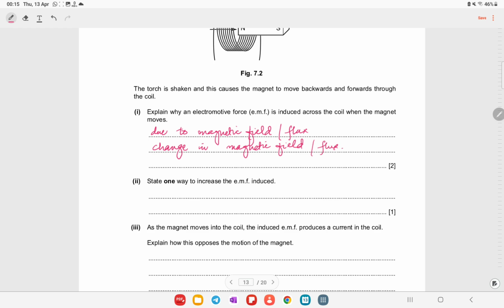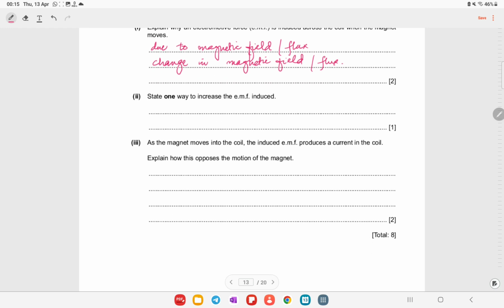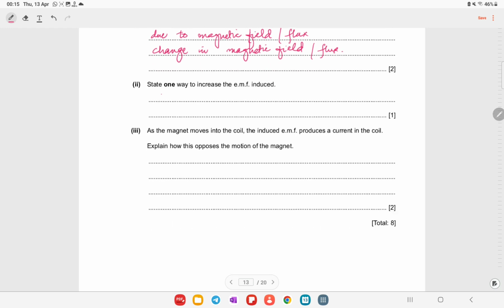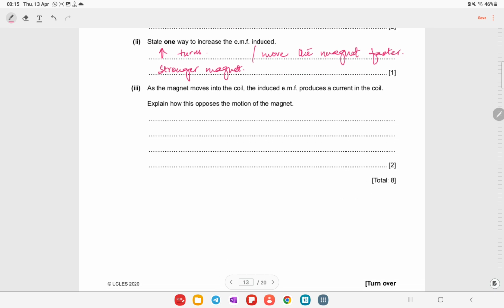State one way to increase the EMF induced: you increase the number of turns, use a stronger magnet, or move the magnet faster. By doing these, the EMF will be increased. So you have to memorize these three modes.